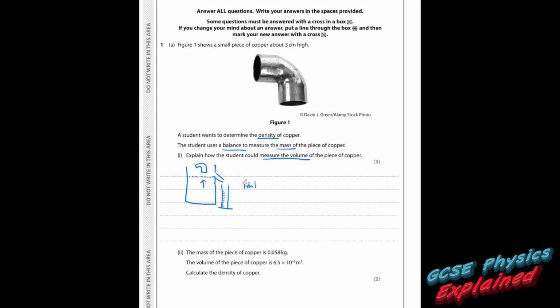And 1 millilitre of volume of liquid equals 1 centimetre cubed of volume. So place the piece of copper in the can, and the volume of water displaced equals the volume of the copper.